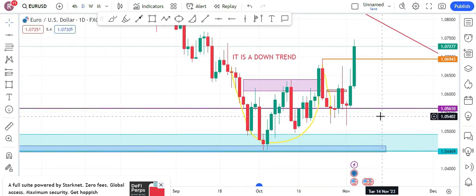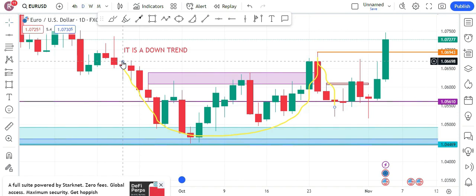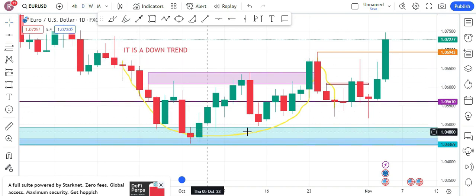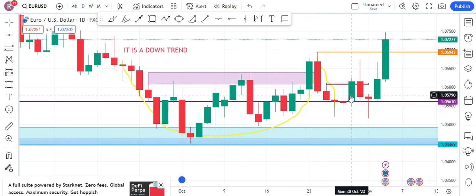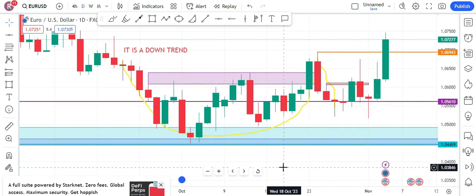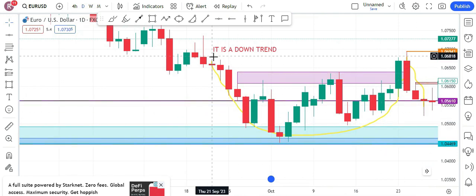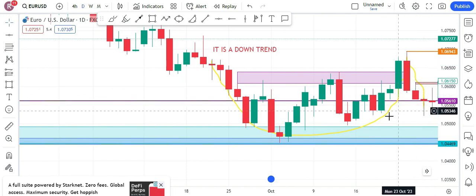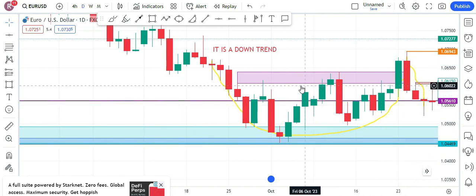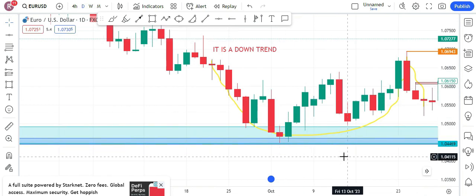Here we did mention in the last video that it has taken the form of the cup and handle. Last week, this is 1, 2, 3, 4, 5. If we take off these 5 candles of last week, we can see we did mention that this is a cup and handle, and cup and handle is a very powerful pattern.